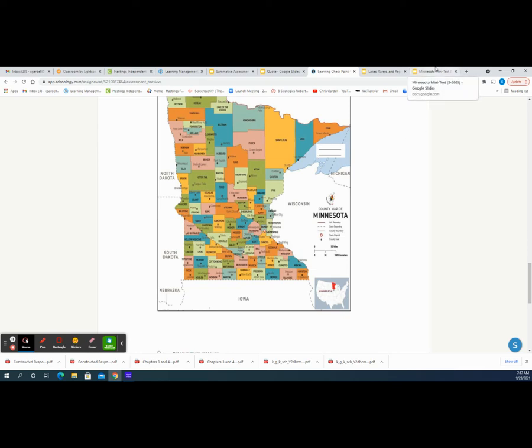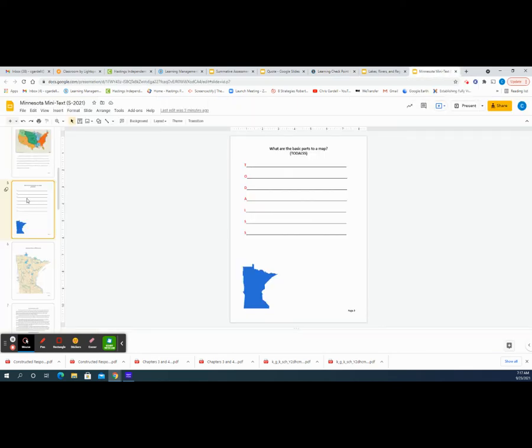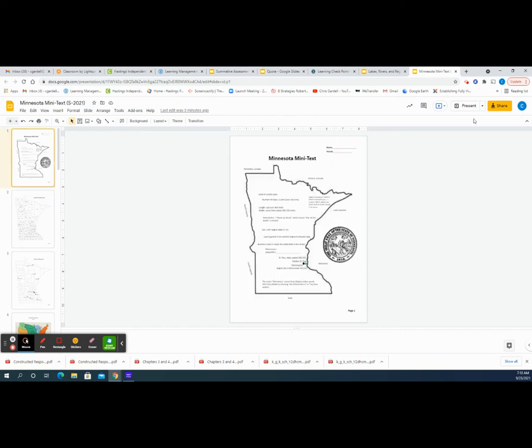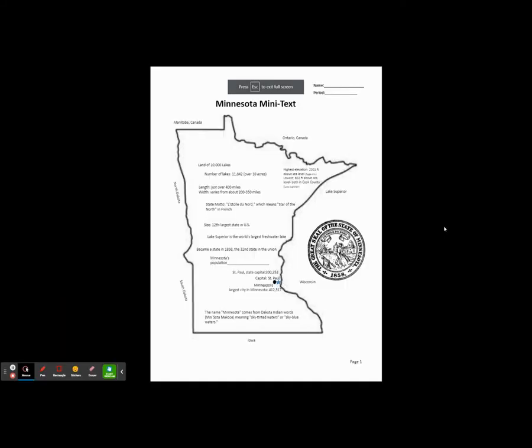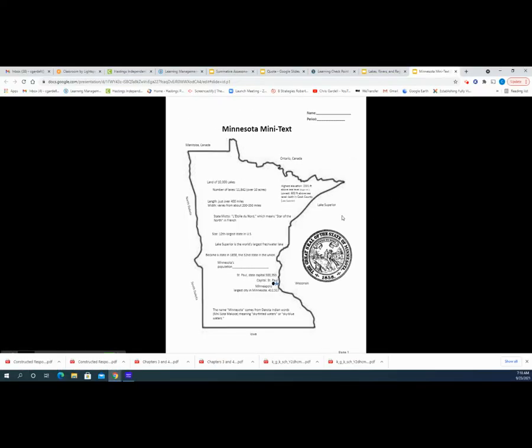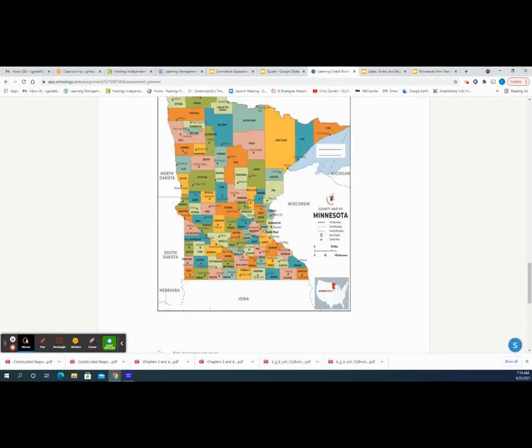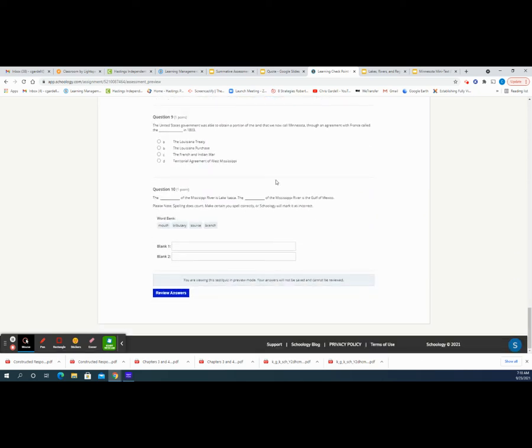Well, if you're not certain what it is, go into your Minnesota mini text, look at page 1, and what lake borders Minnesota to the northeast? Mark your correct answer for number 8, and let's move on to number 9.